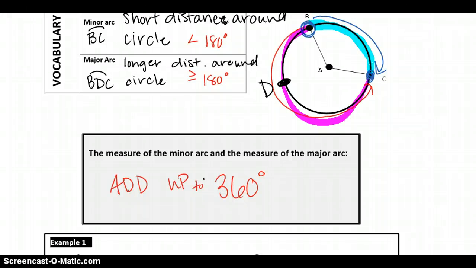When we say the measure of a minor arc, we could write that as, we put a little m in front of it, the measure of BC, and that just means the angle. If you draw a line to B and C, it's that angle between them. Questions about these definitions? And we're going to use them in the examples.